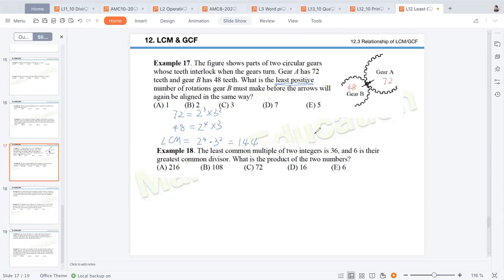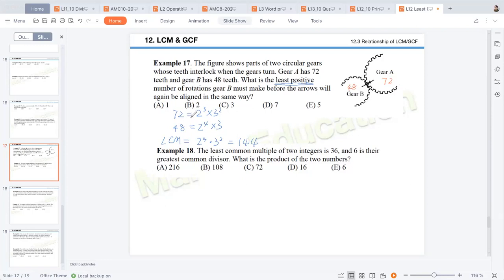Yeah, Emily and Tony give me the right answer. So you can see from the question, they have some words that can tell me what number I need. You have a list. So if we get a list, we know this is the least common multiple, right? So I just separate these two numbers, one is 72, the other is 48.